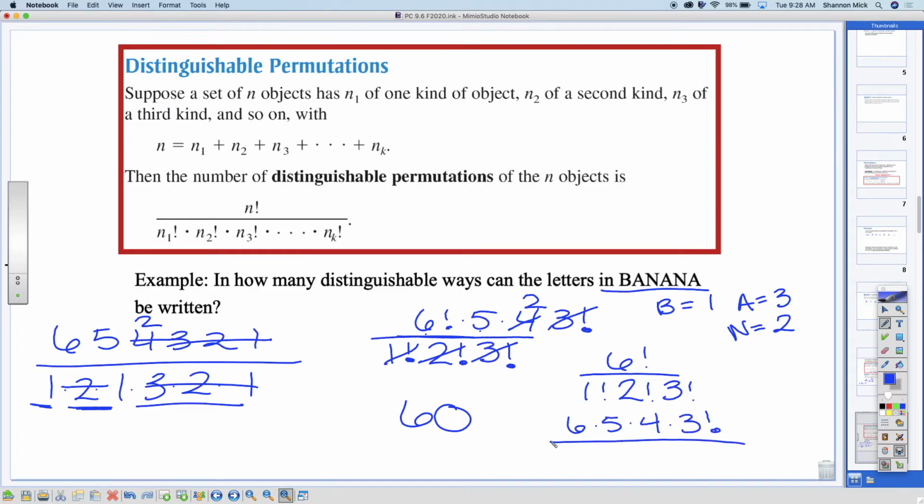But why do you stop at 3? Because I have 3 factorial right here, and you have 2 factorial, and 1 factorial is 1, and 2 factorial is 2 times 1. So the 3 factorials reduce. 1 times 2 is just 2, and 2 goes into 4 twice.